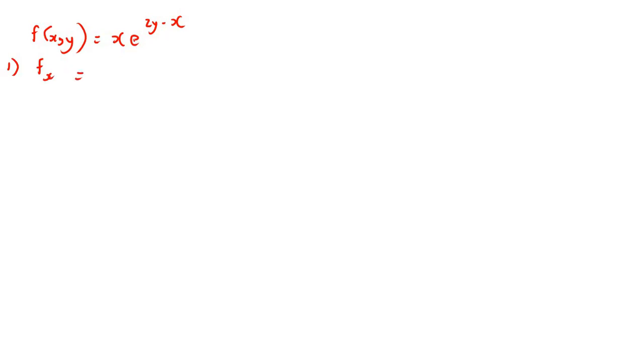We have a product, and x appears in both factors, so we have to use the product rule. For uv, the derivative is u v prime plus v u prime.